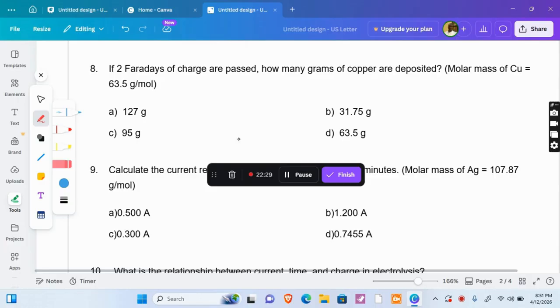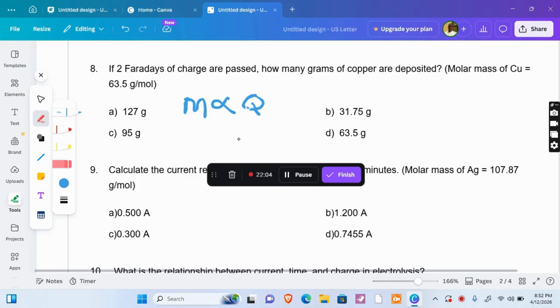So the mass of a substance M deposited during electrolysis is directly proportional to the quantity of charge or quantity of electricity that is passing through that electrolyte. So that's Faraday's first law of electrolysis.